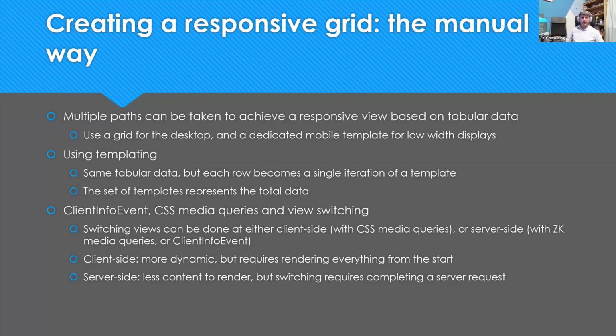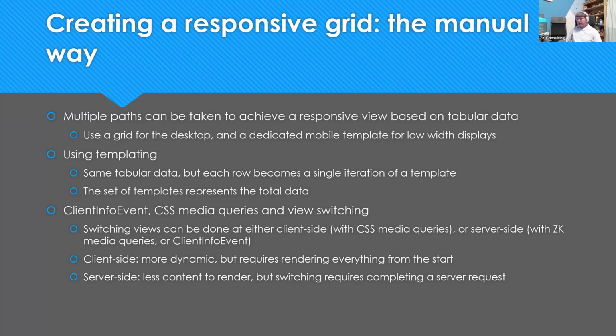If you do it at client side, you do it with CSS, with media queries, for example, and you do it using templating, because you already have tabular data. You just need a different way to express that data in a visual manner that is parsable on a mobile screen.